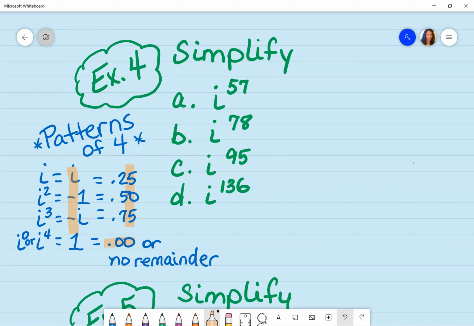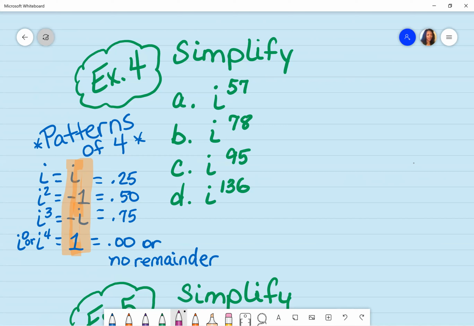There's no remainder. So that's going to be your answer, 1. And that also is i to the 0 power, or i to the 4th means the same thing, 1. These are my only answer choices if I am simplifying an i. That's it, nothing else.